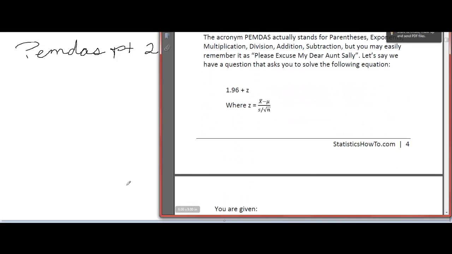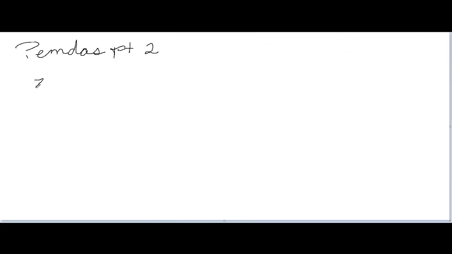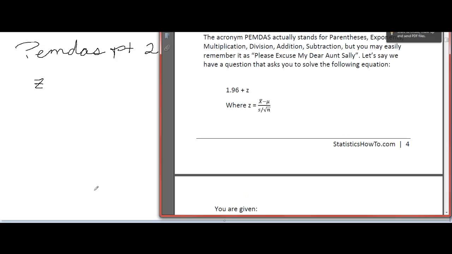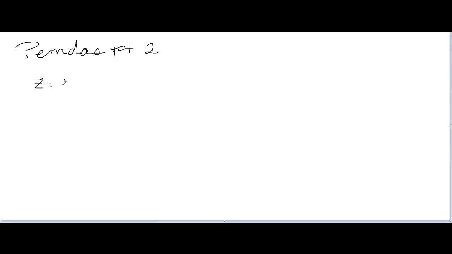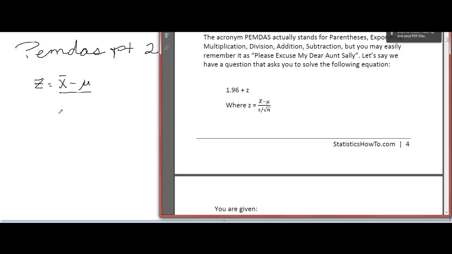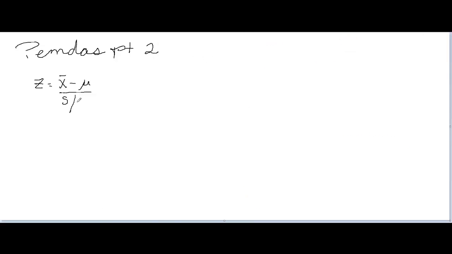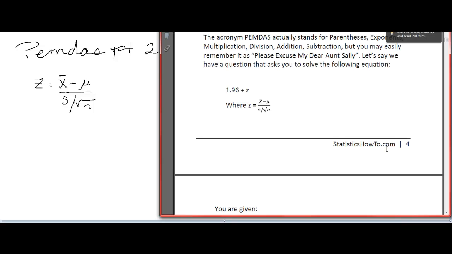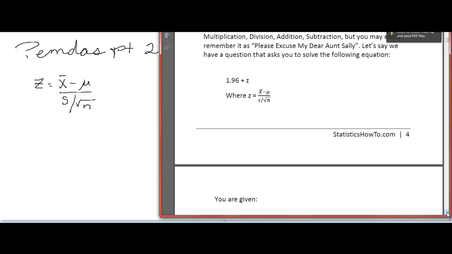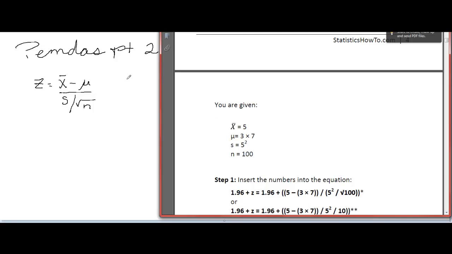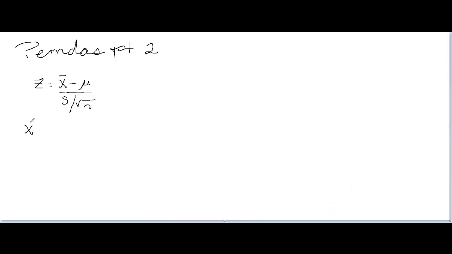Alright, so we want to know, here's a formula, z equals x bar minus mu over s divided by the square root of n. We are given that x bar is 5, so x bar equals 5.